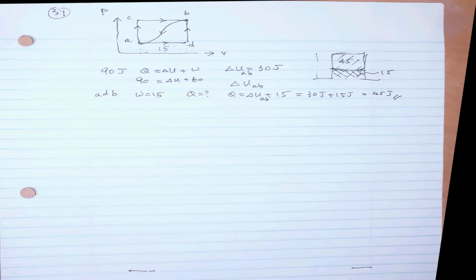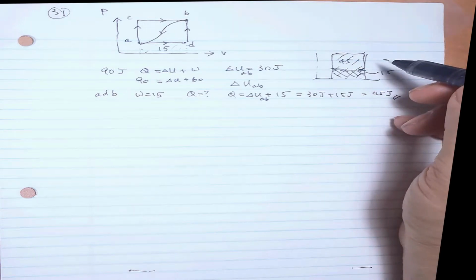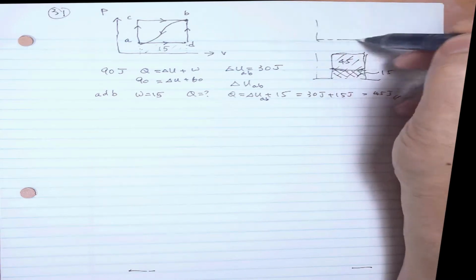And then part B says, when the system is returned from B to A along the curved path, the absolute value of the work done by the system is 35. Does the system absorb or liberate heat?